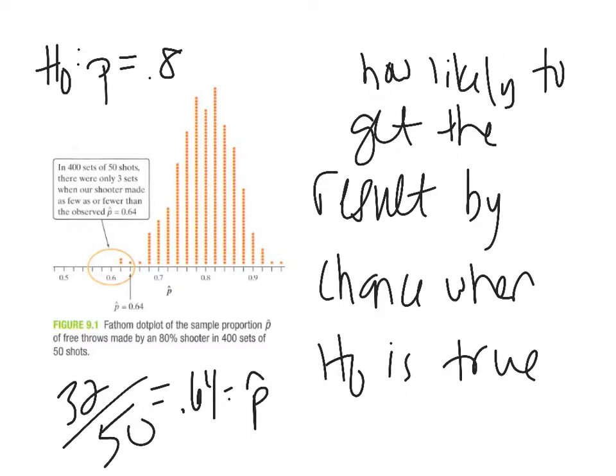So if you look at your simulation data there, we've got 400 samples taken using the software, and they've got them circled right here for you. We've got 3 of them where he made 0.64 or even less.